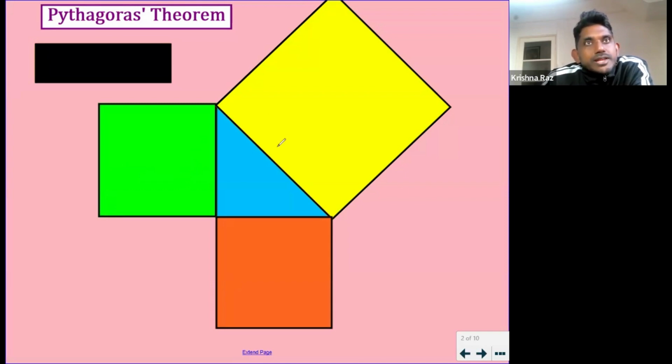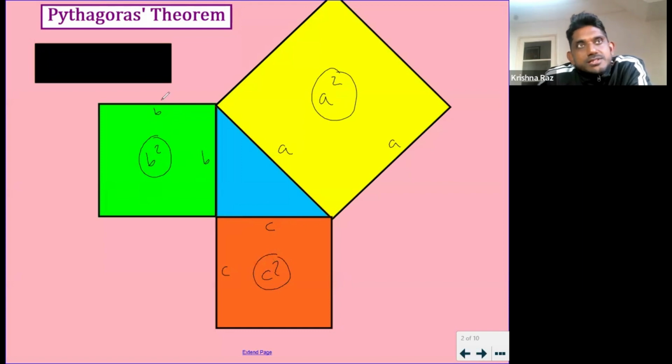So if we call this length A, then that area must be A times A, which is A squared. We call this length B, then this area must be B times B, called B squared. We call this C, C times C will be C squared. The reason those lengths are the same is, like I said, it's a square.